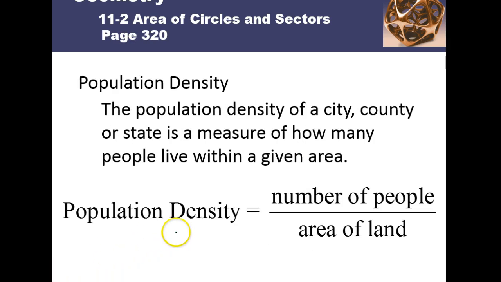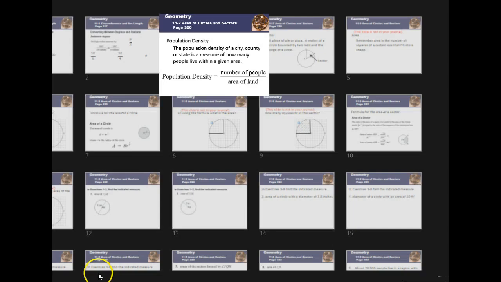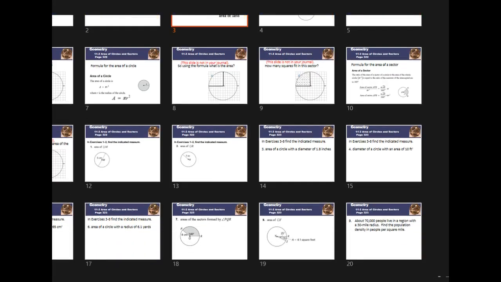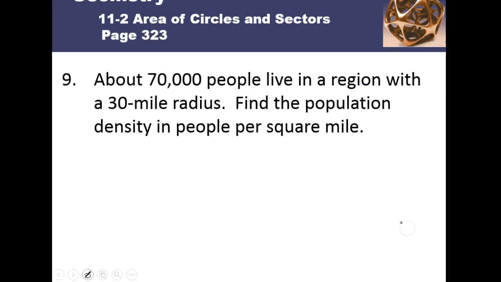So the density is the number of people divided by the area of the land. And I think if I do this, I can get to the one I wanted. Maybe a little bit easier. Good.